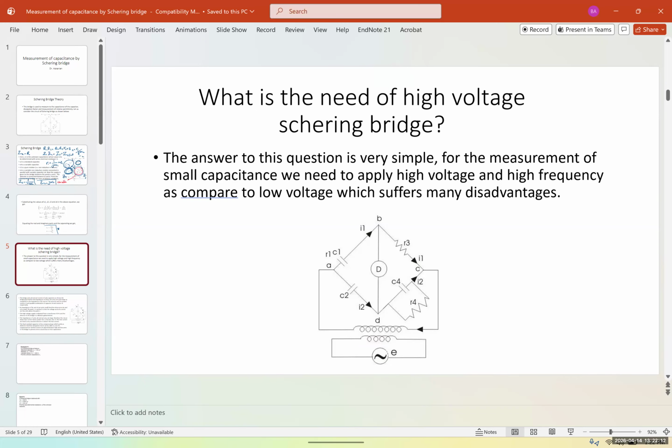If you have small voltage, you're going to have leakage, and the portion of error in the measurement is going to be so low that you can't even pick it. So one drawback of a Schering bridge is that you need high voltage and high frequency to be able to do the measurements.